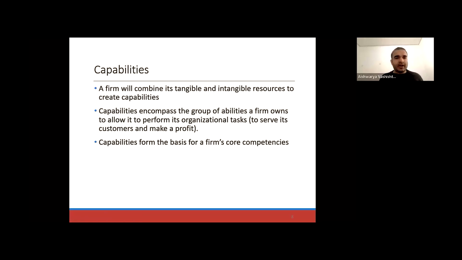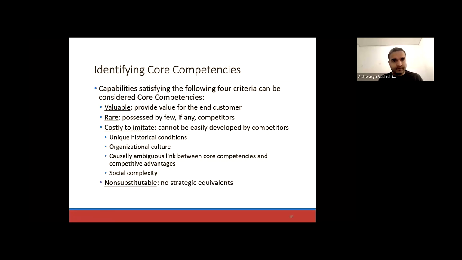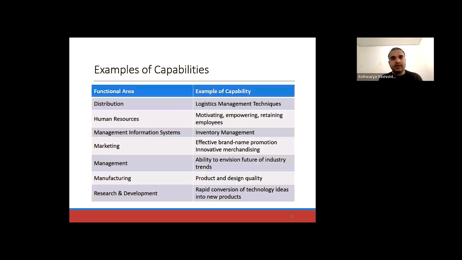Then the firm will, of course, combine its tangible and intangible resources to create the capability. Like, for example, say Subway.